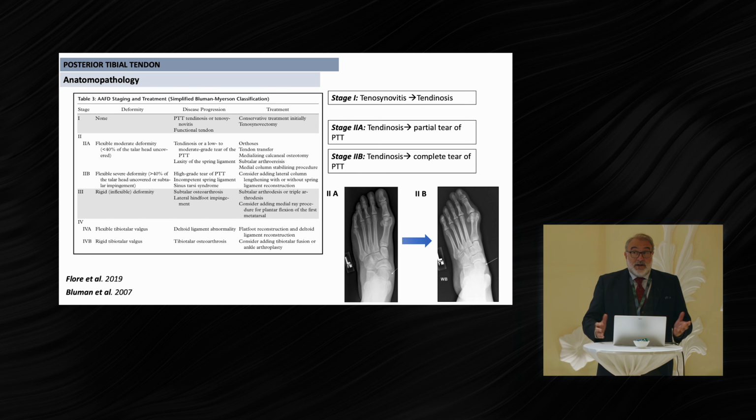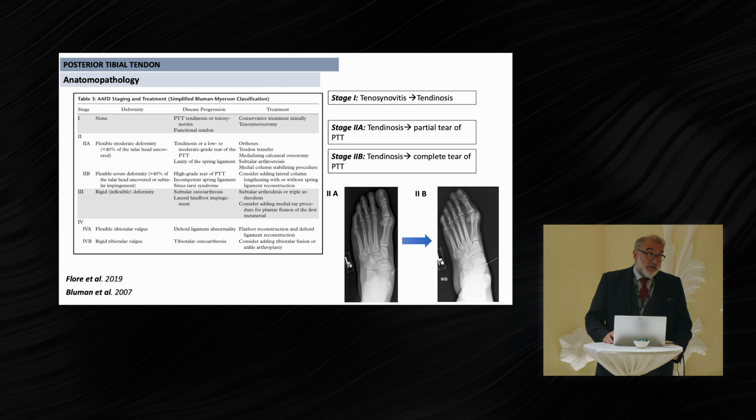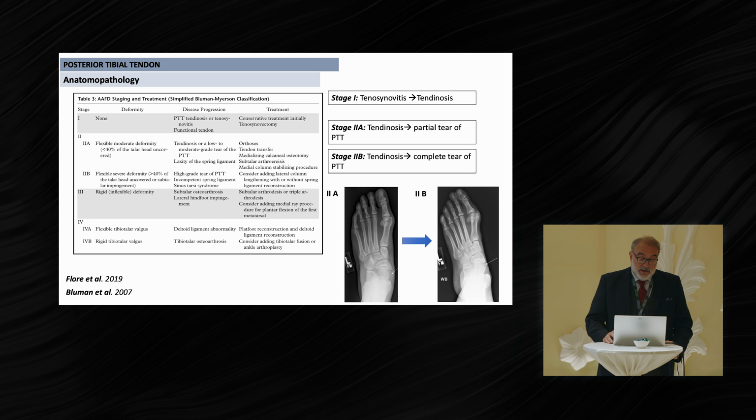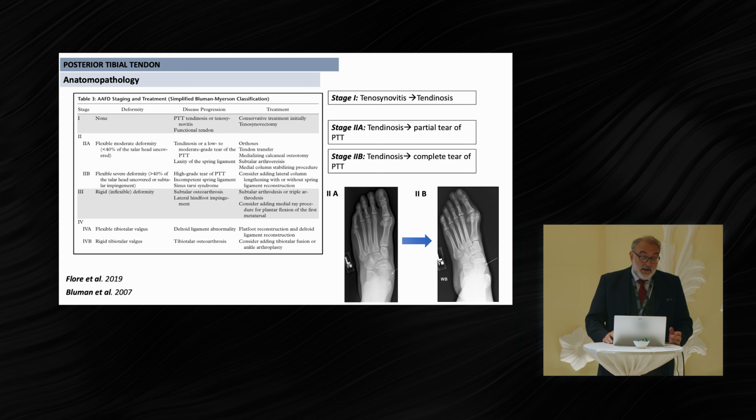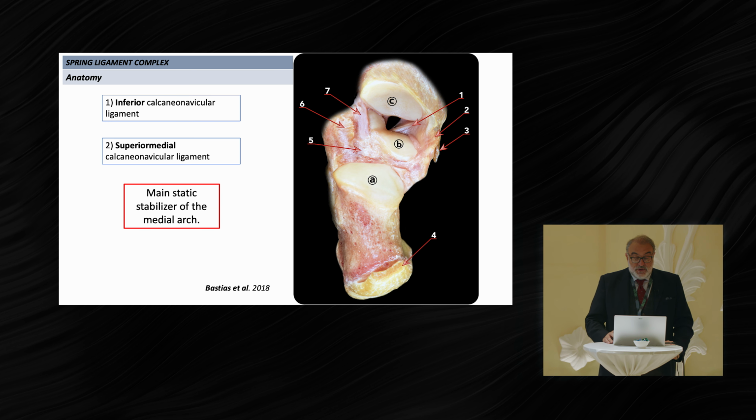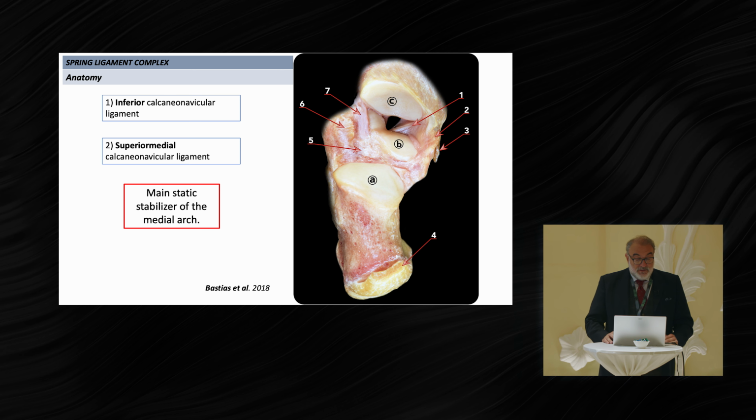But in the last year, we discovered the second actor of the flat foot instability, which is the spring ligament. Spring ligament is, in reality, the calcaneonavicular ligament, which has two portions, the inferior and the superior medial.